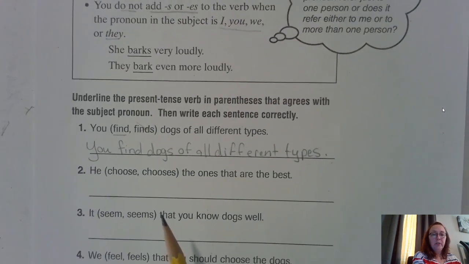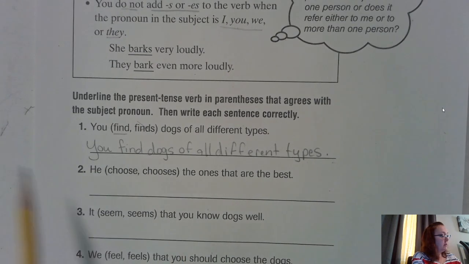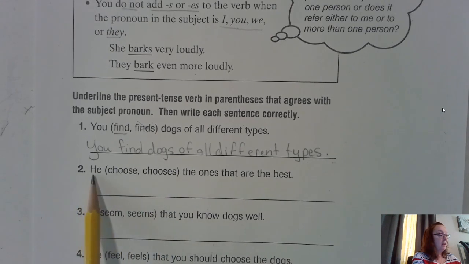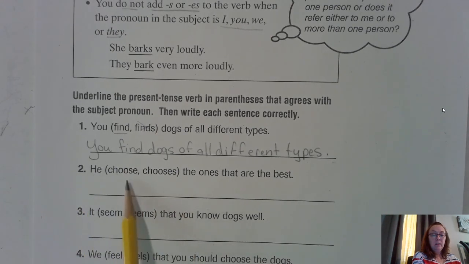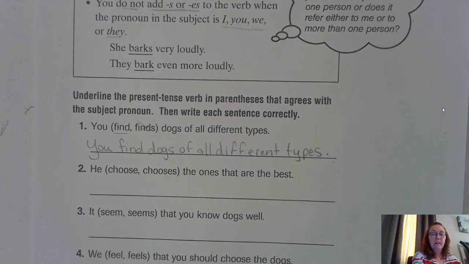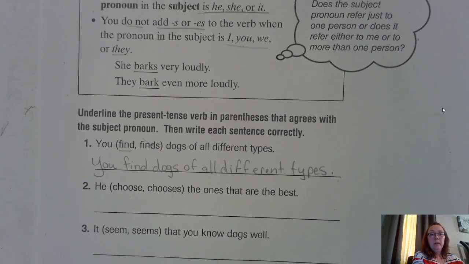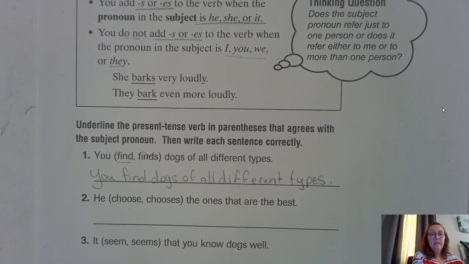Take a look at number 2. Here's the verb that we're going to choose from. We have choose and chooses. He chooses the ones that are the best. So if you want to, you can go ahead and look right up here. I'm going to pull it down a little bit.